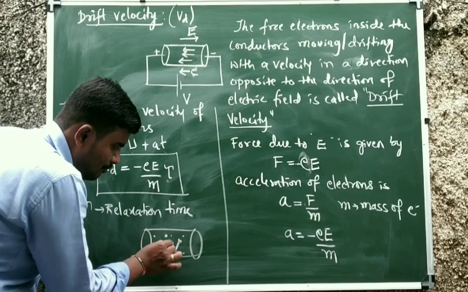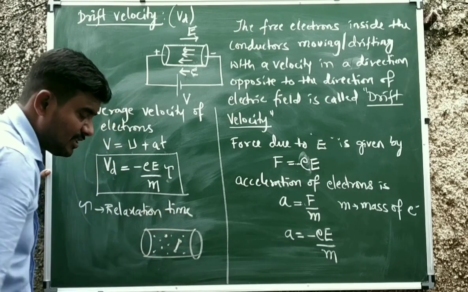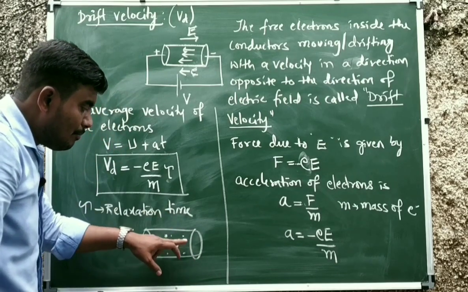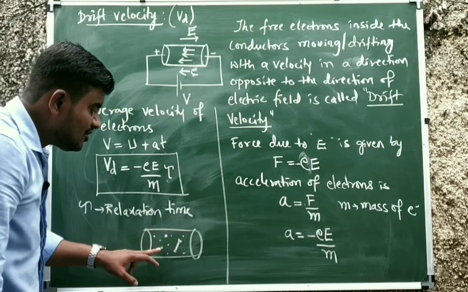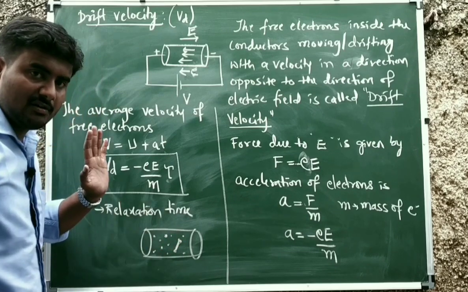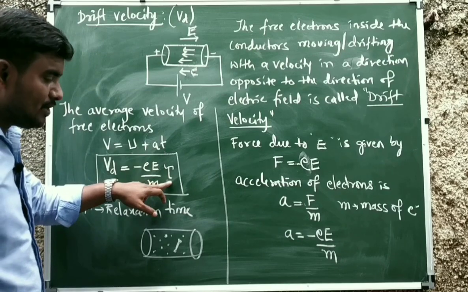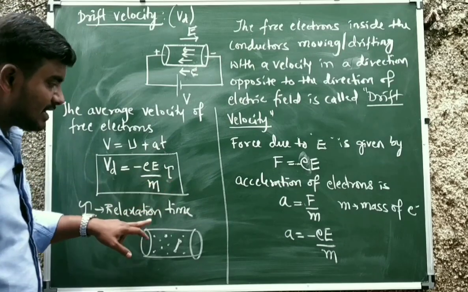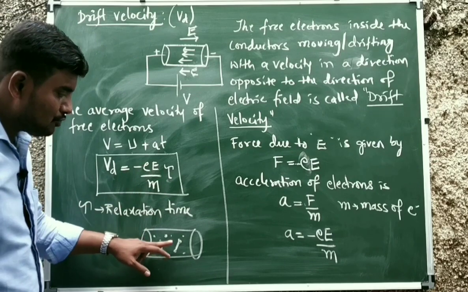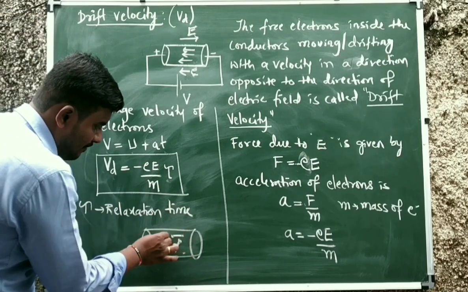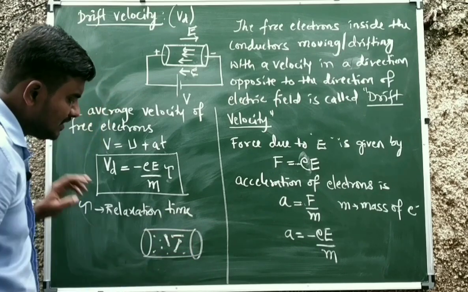Because they are moving randomly and colliding with each other, the average time taken by the electrons to collide with each other is called relaxation time. Instead of t I can write tau, where tau is relaxation time. It is the time taken by the electrons to collide, from this place to this place.